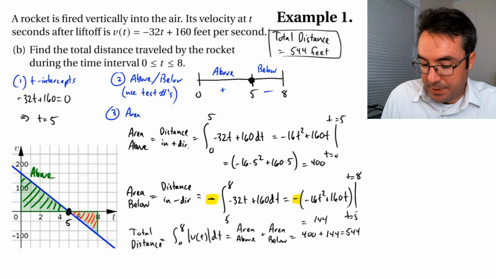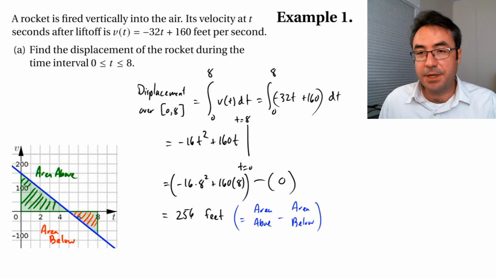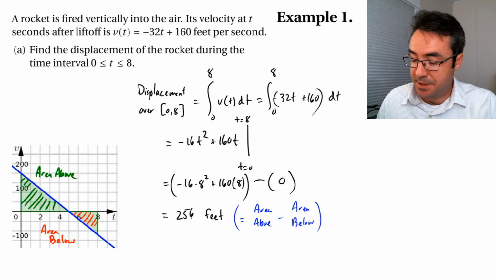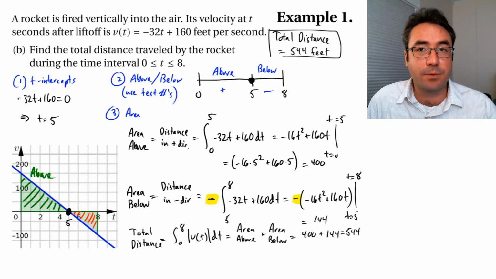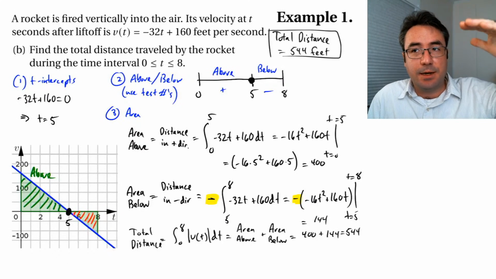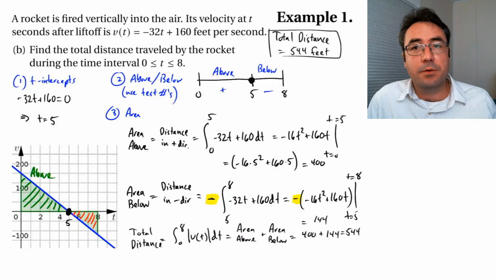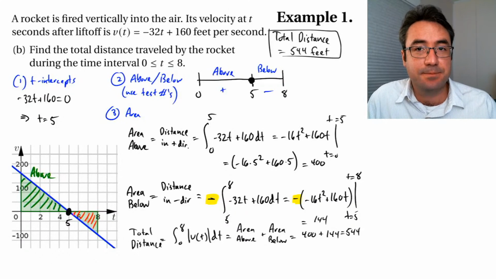So what was our displacement? Well, our displacement was 256 feet, and our total distance traveled was 544. So our rocket traveled a whole bunch more than what the displacement, our starting and our stopping values, indicate.